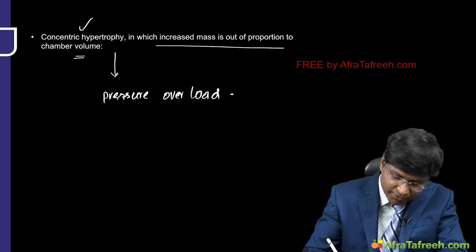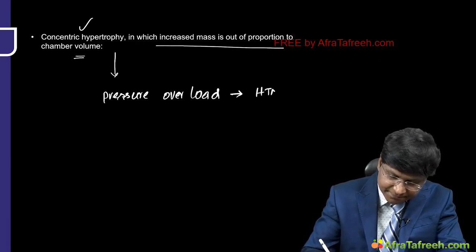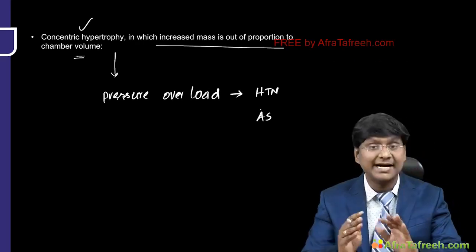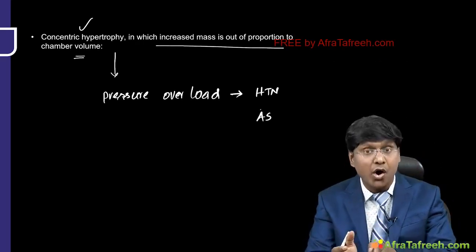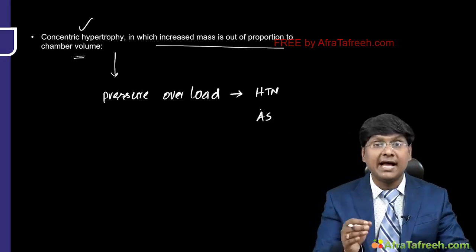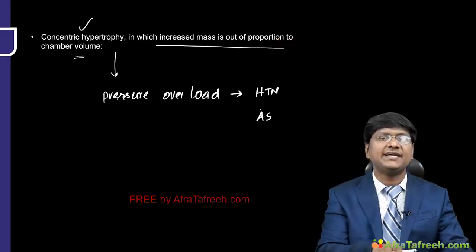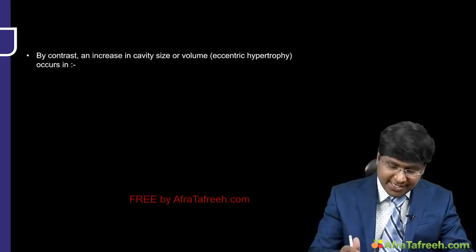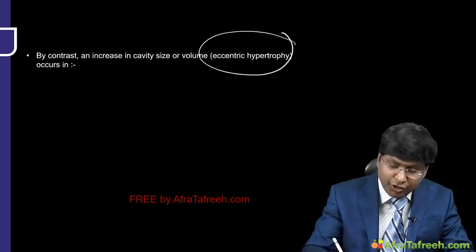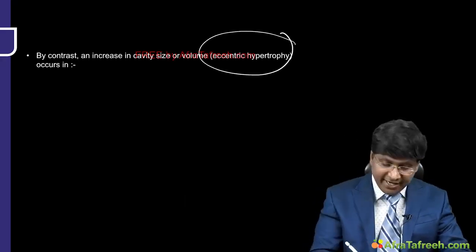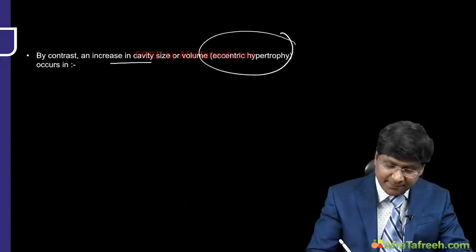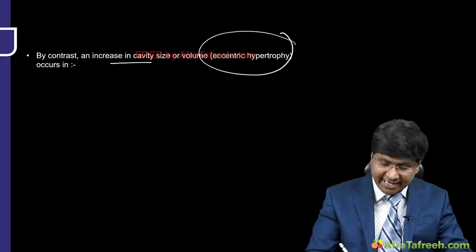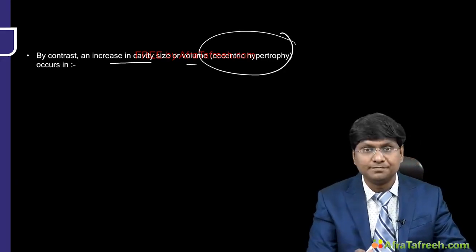The pressure overload conditions include hypertension and aortic stenosis. Or this cardiac remodeling can occur in the form of eccentric hypertrophy, where there are volume overload conditions with an increase in the size of the cavity, or the volume.